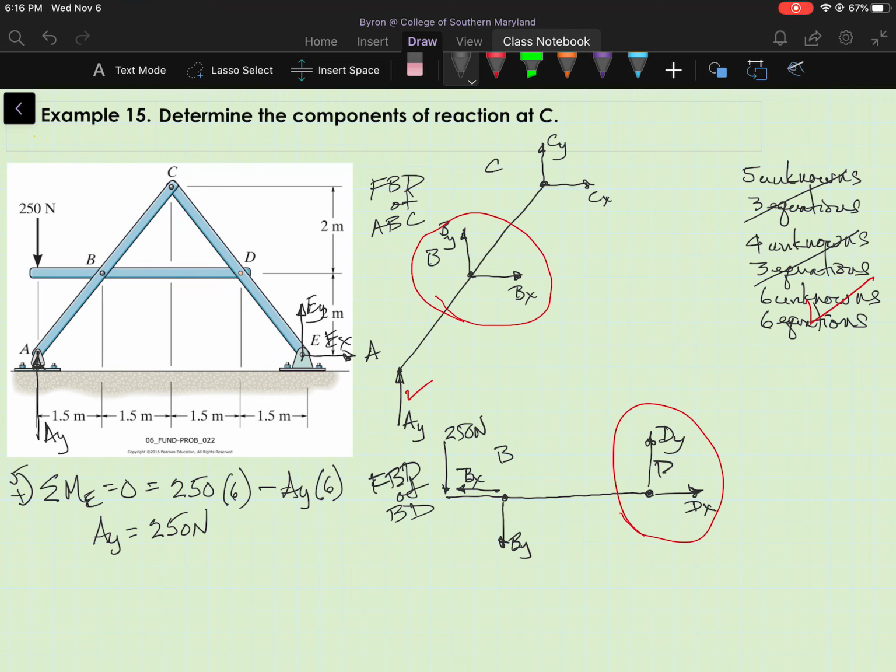Now, before I go any further, let me put the dimensions on here to complete my free body diagrams. This is 1.5 meters there, and from B to D, it's 3 meters.